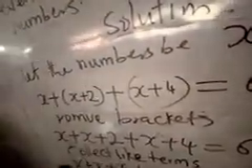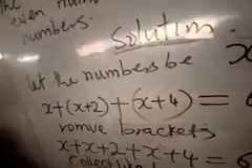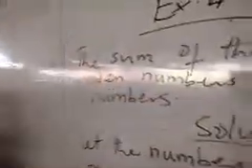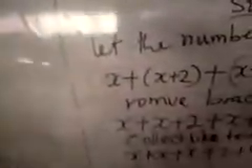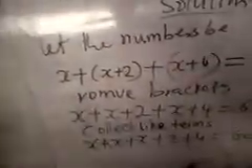So x plus x plus x will give you 3x. 3x plus 2 plus 4 will give you 6. So equals to 60.